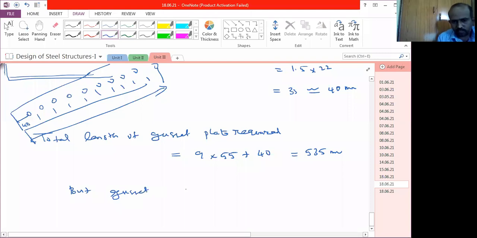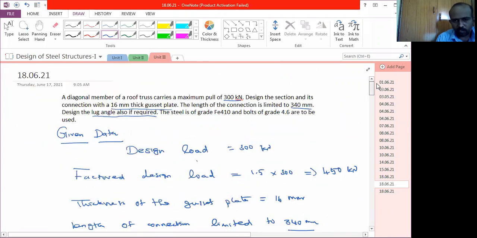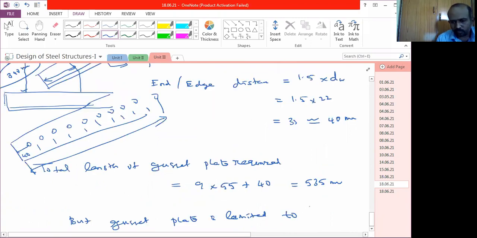But the gusset plate is limited. Limited to how much length? Anyone? Limited to what we learned in the problem. Nobody is writing the problem. The gusset plate is limited to only 340 mm.